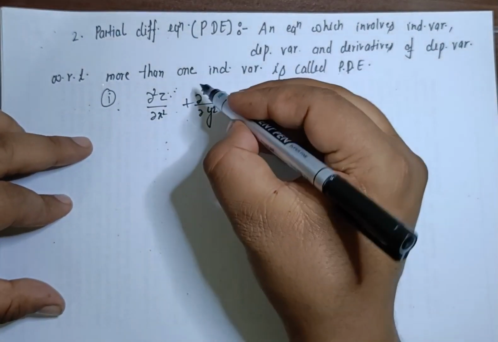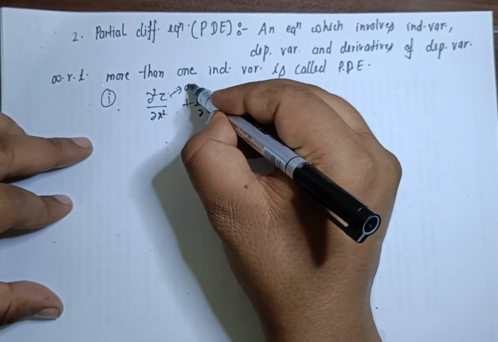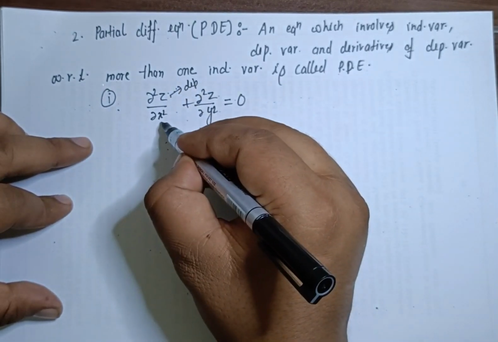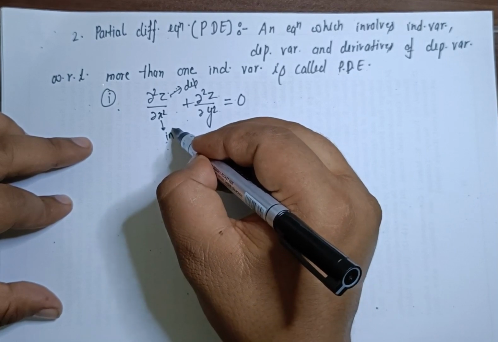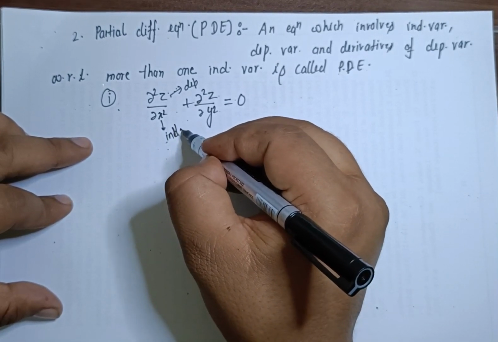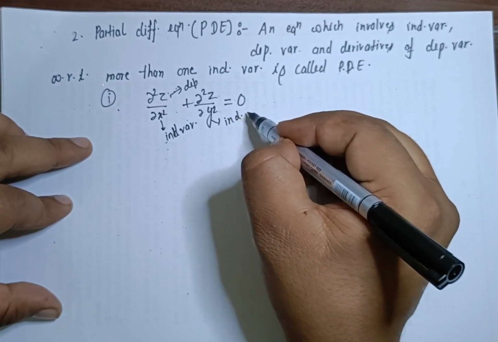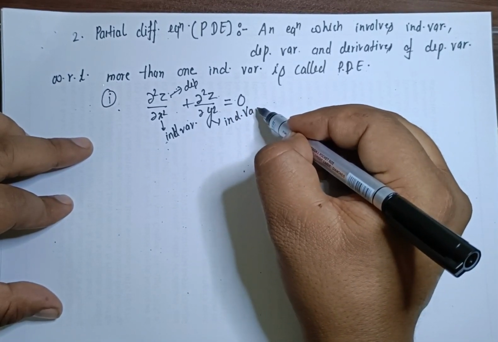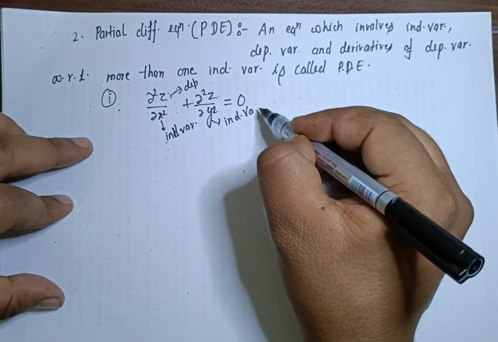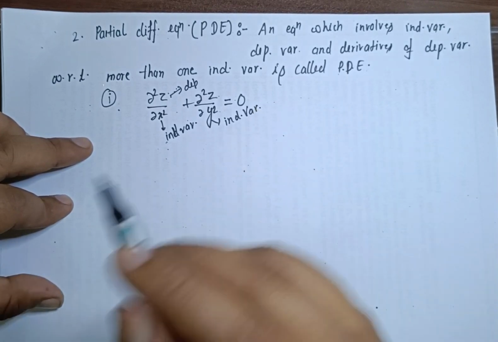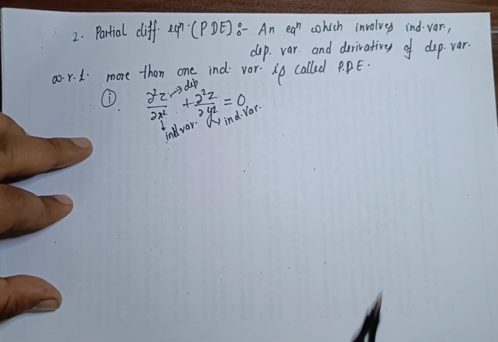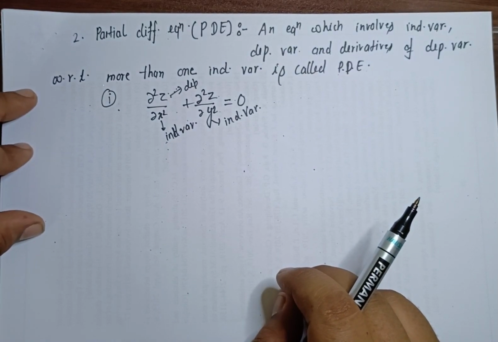Here we have one dependent variable z and two independent variables, x and y. There is more than one independent variable, and the equation involves derivatives with respect to more than one independent variable. So you can call it a partial differential equation.